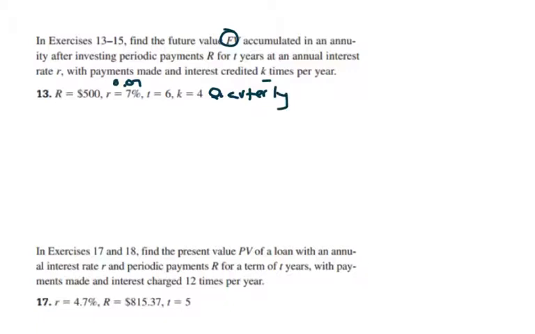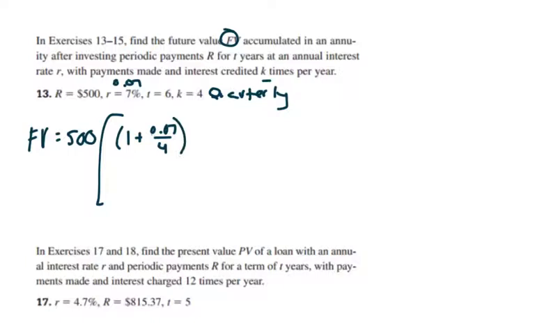So we're using our future value equation, and so that means that our future value is going to equal our R, which they said was 500. That's going to be multiplied times 1 plus our rate, 0.07 over K, which is 4.